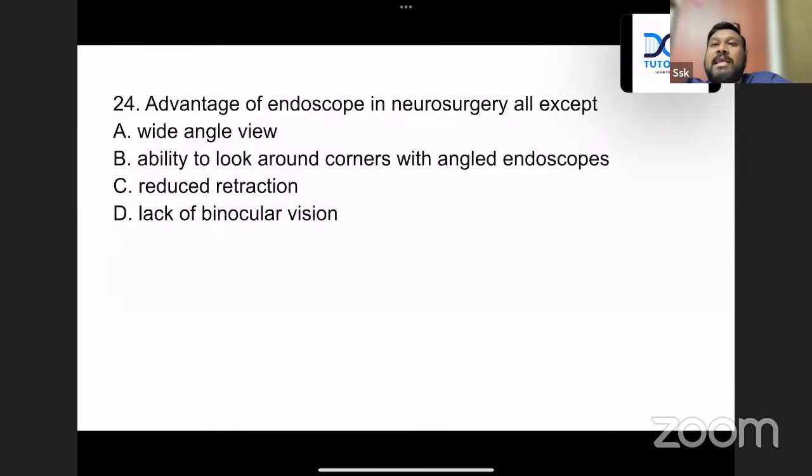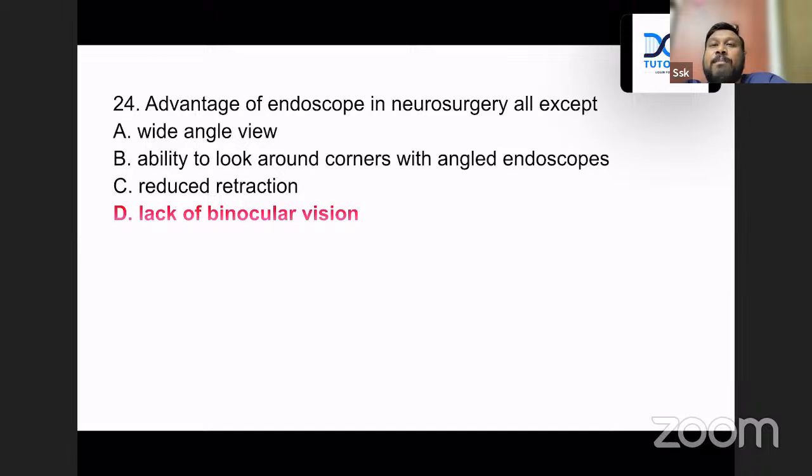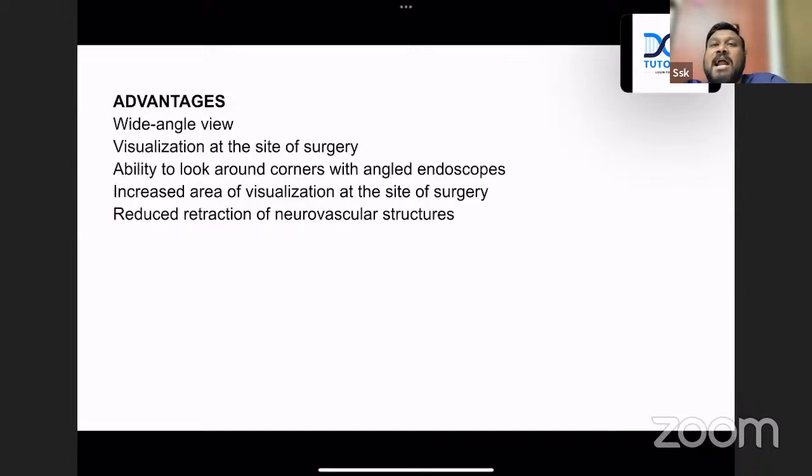So what are the advantages of an endoscope in neurosurgery? Or all except. It has a wide angle view, ability to look around the corners with angled endoscopes. It reduces retraction. It lacks binocular vision. So what is not true is that it lacks binocular vision. So there are certain advantages to an endoscope.